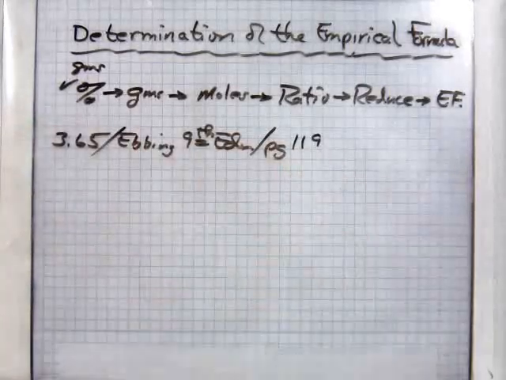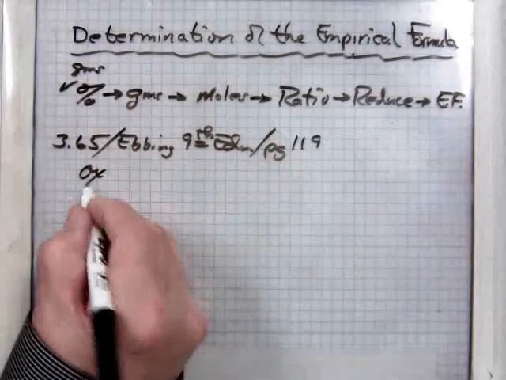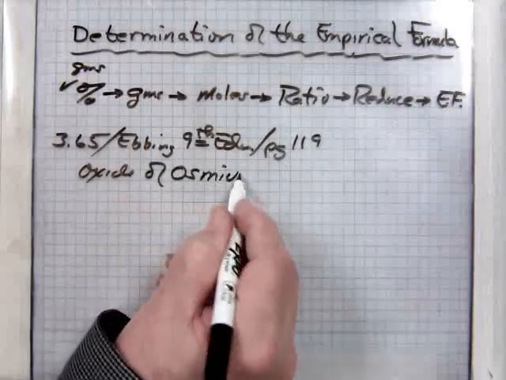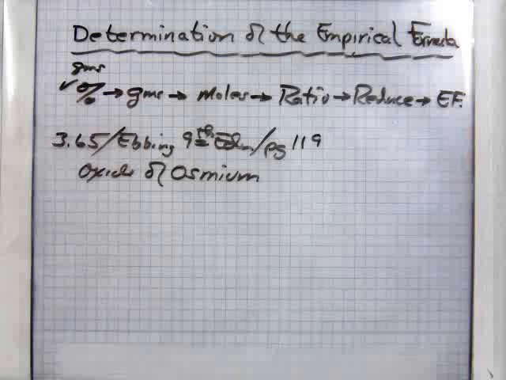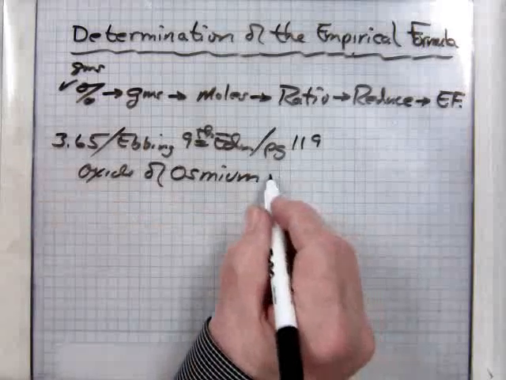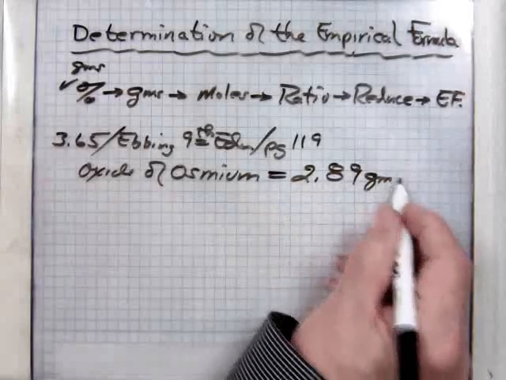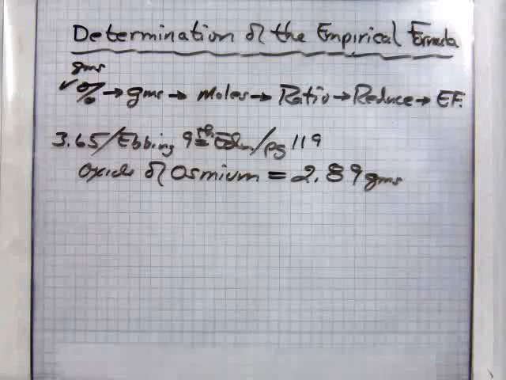It goes something like this. An oxide of osmium, a pale yellow solid, is weighed to be 2.89 grams and contains 2.16 grams of osmium.